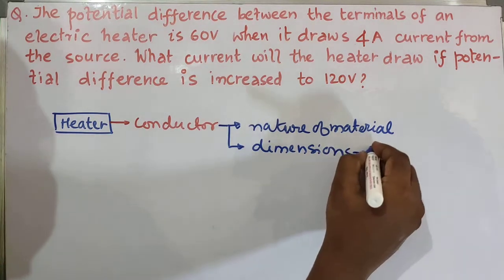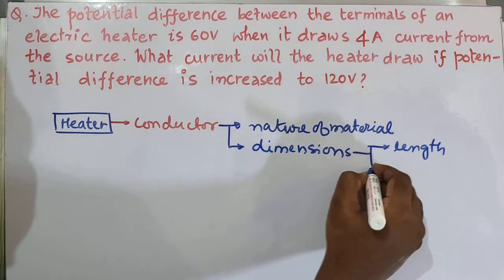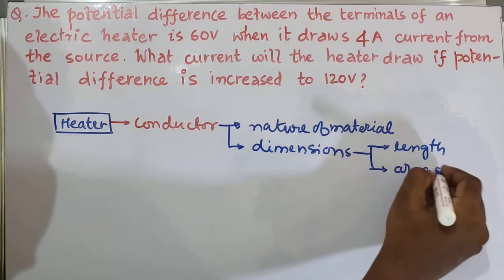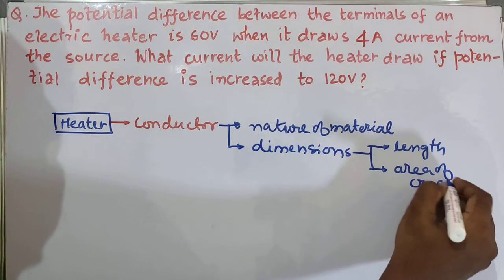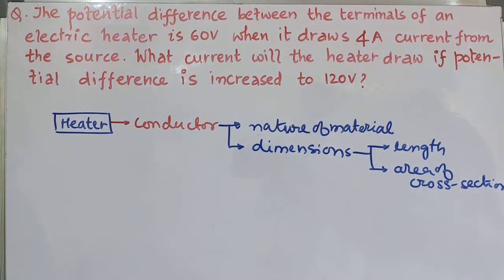By dimensions I mean the length of the conductor as well as the area of cross section, which are going to remain the same.